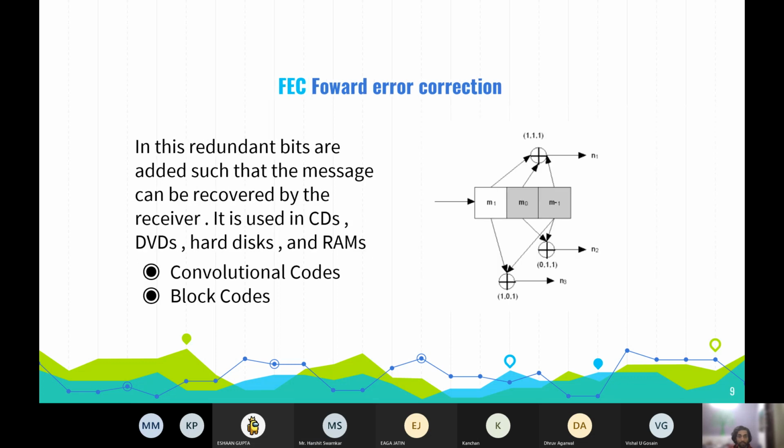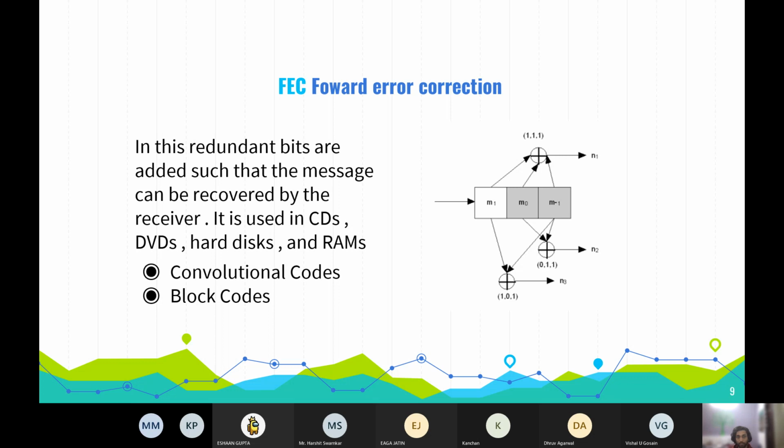The second thing is forward error correction. In this, we take the input data and expand it to multiple bits using some type of formula. Here the input is 1 bit and we are converting it to 3 bits. If we get a new bit, the previous 2 bits are stored in M0 and M-1.